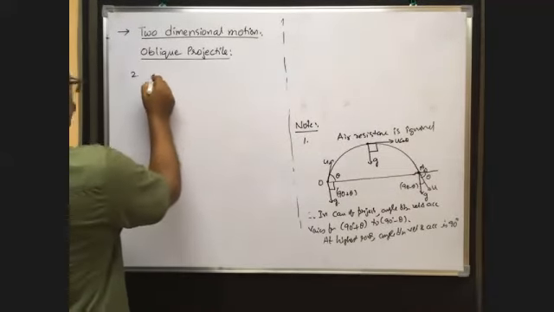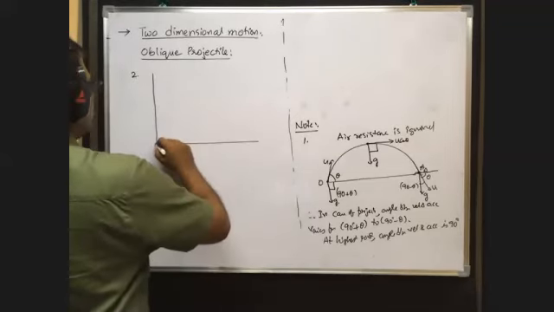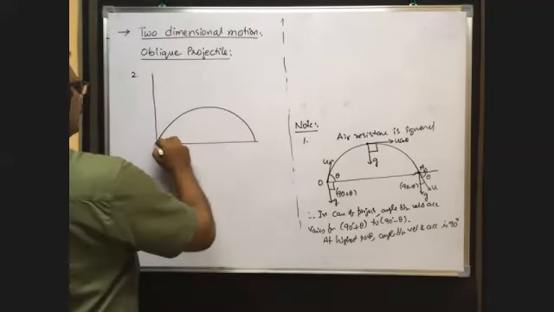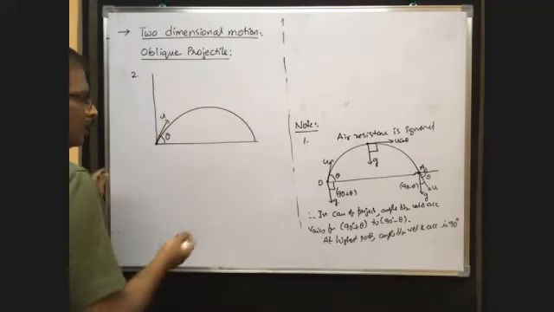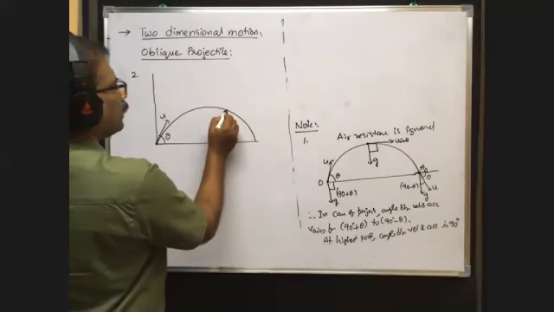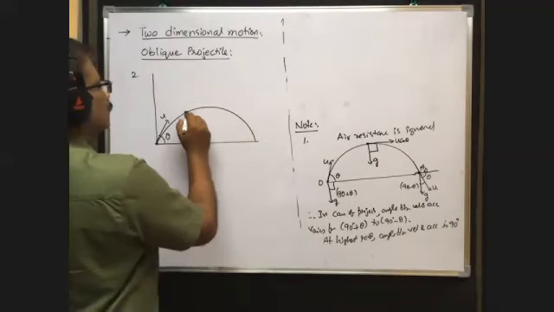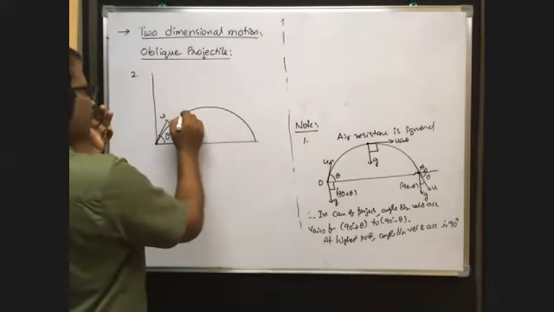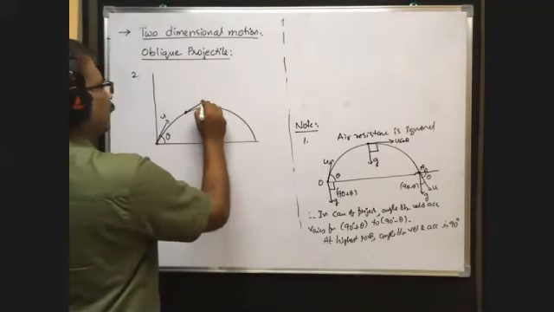Second note point. Suppose one projectile is thrown into space with a velocity u by making an angle of projection theta. When the oblique projectile reaches a point here, its direction of motion is always along the tangential direction to this path.